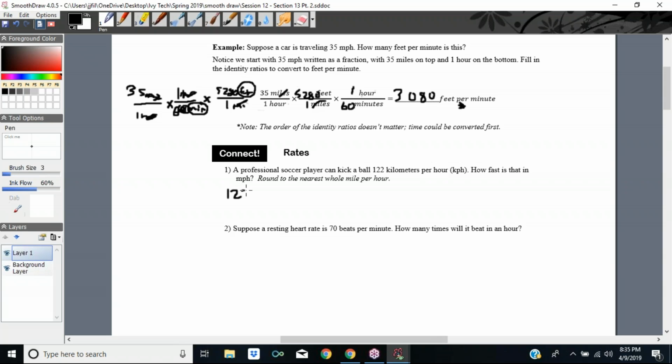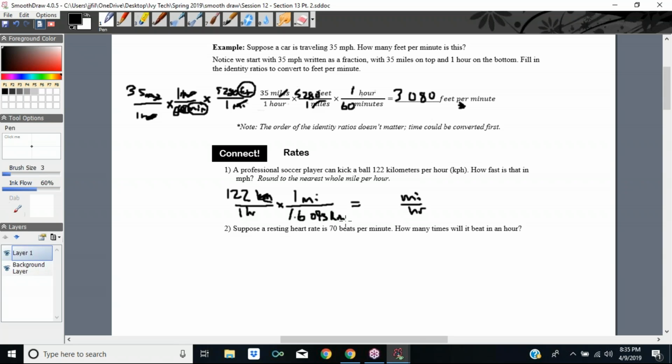So 122 kilometers per hour times, and we want to end up with miles per hour. So we need to keep the hours and get rid of the kilometers. We're looking for a conversion that converts between kilometers and miles, and we have one. 1 mile is 1.6093 kilometers.